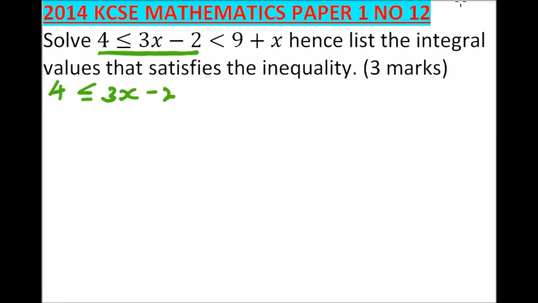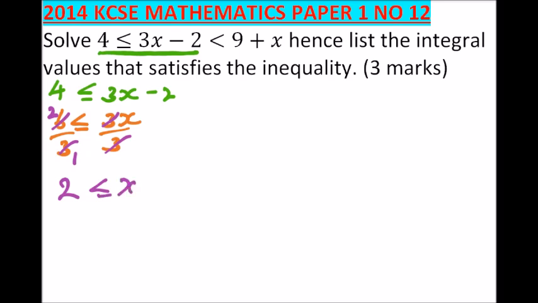We take 2 to the other side, it will be positive. So 4 plus 2 will be 6 less than or equal to 3x. Divide both sides by 3. So 3 by 3 is 1, 6 divided by 3 is 2. So we now have 2 less than or equal to x.